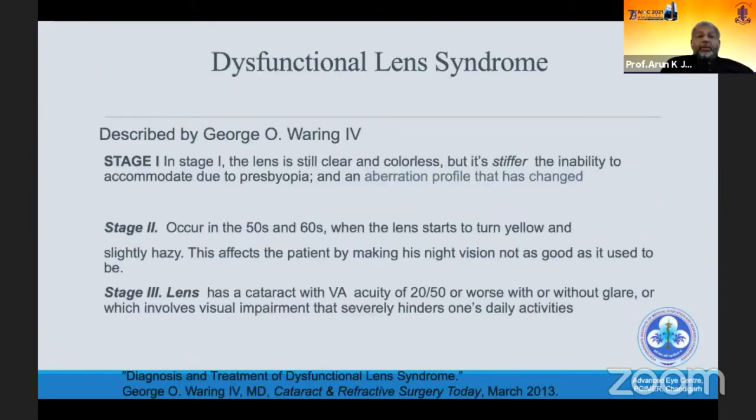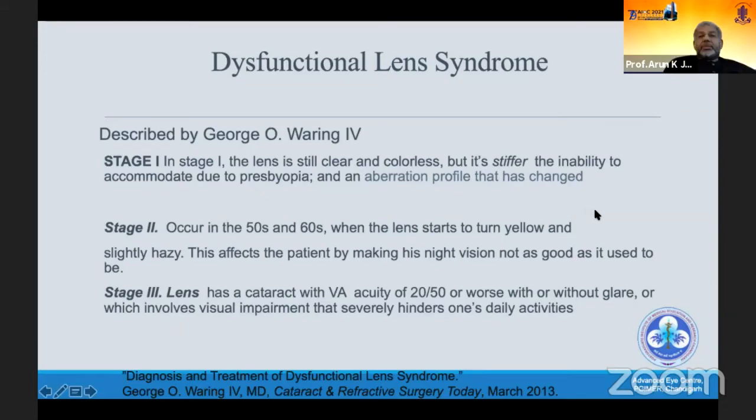So what is this dysfunctional lens syndrome? This is a term described by Dr. George Beiko way back in 2013, and he divided this into 3 stages. In stage 1, it is akin to presbyopia, where the lens is clear and colorless, but it becomes stiff and the ability to accommodate becomes much less. Stage 2 happens when the lens starts turning a little yellow.